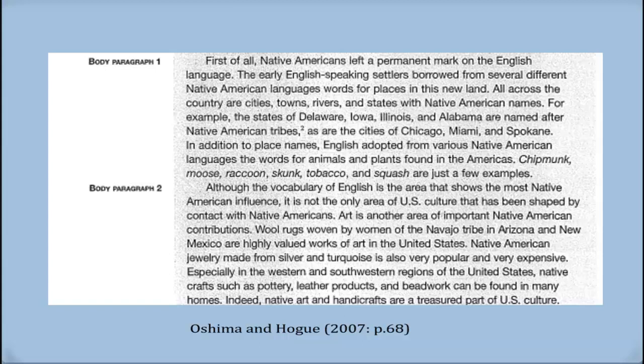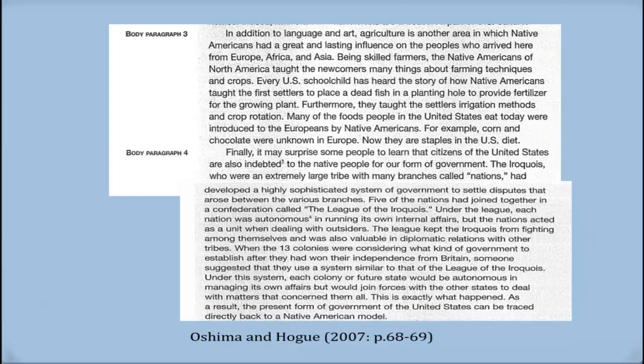What is it? The other one is art. Okay, this body paragraph will talk about this influence. Now let's go to body paragraph 3. In body paragraph 3, it mentions that in addition to language and art, the first one is about language and the second one about art.